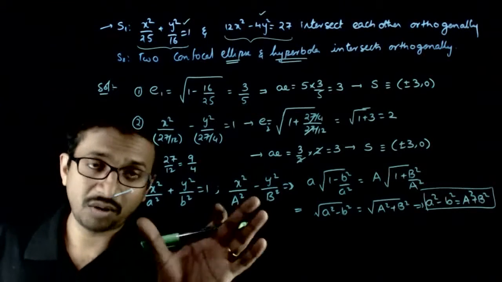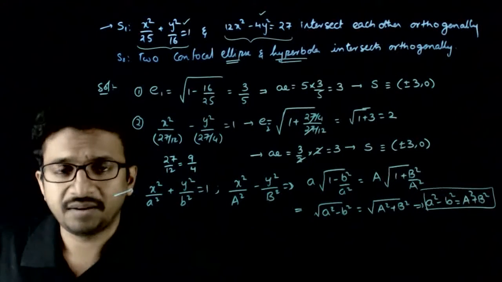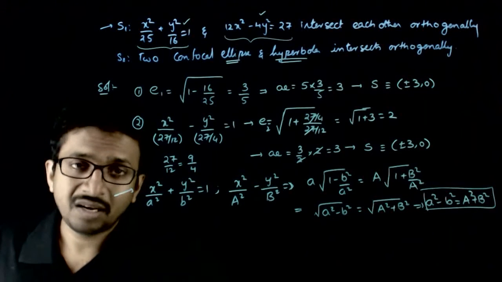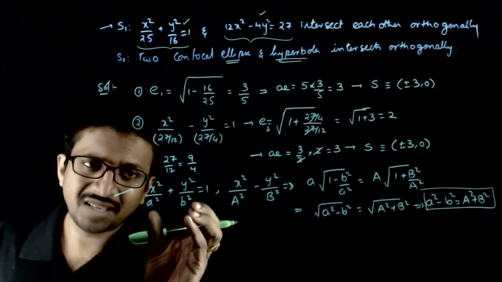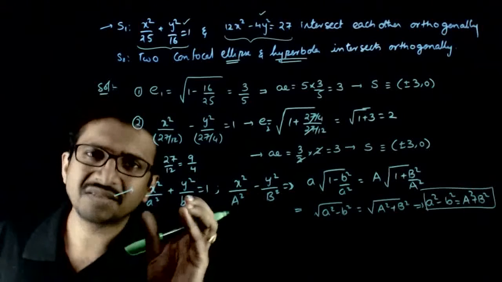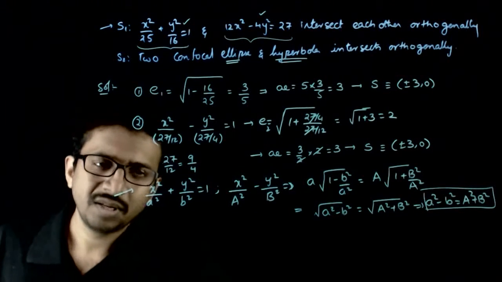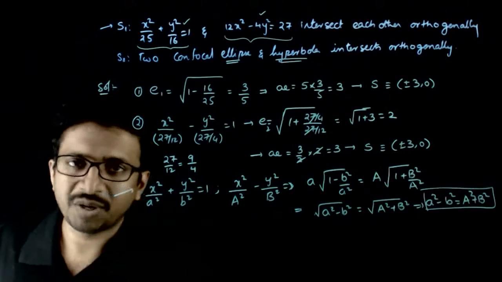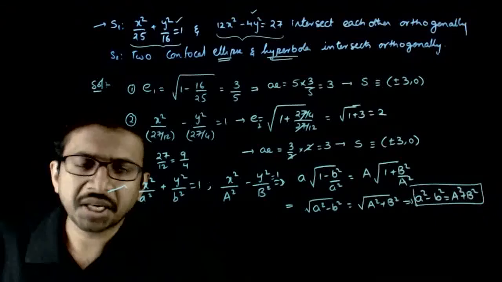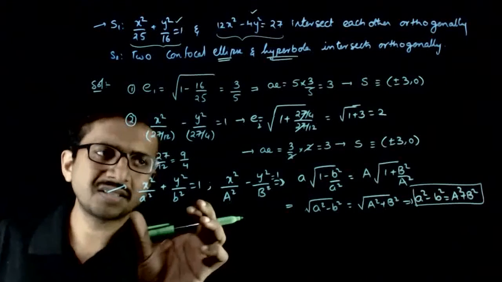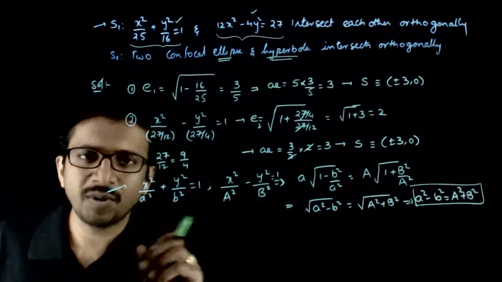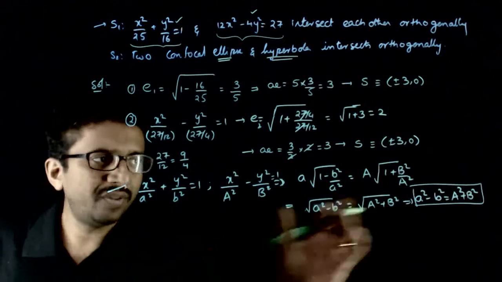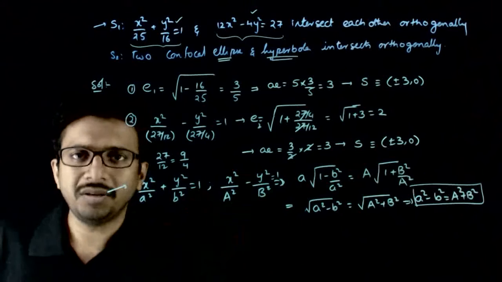Now if these two are confocal, that means if this condition is valid, let us check whether these two are intersecting orthogonally or not. Let us say that we have some point of intersection between these two. Can we prove that with this condition they are orthogonal to each other?